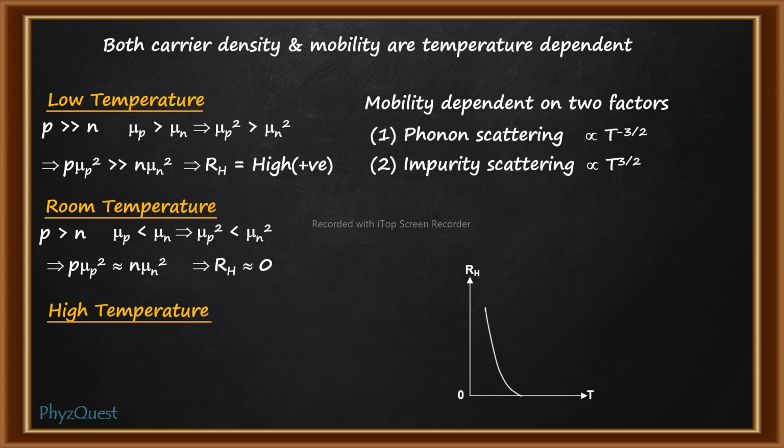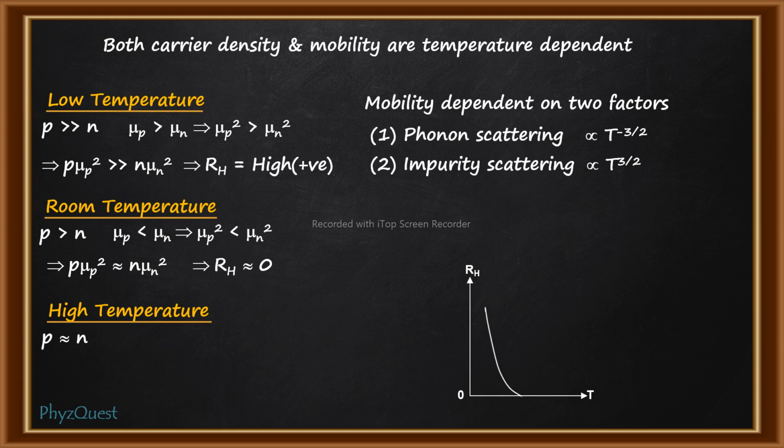As the temperature is very high, due to a higher amount of thermal energy, a large number of covalent bonds will break, releasing a large number of free electrons and holes. At this stage, the hole carrier concentration is almost similar to the electron carrier concentration. Therefore, p will be almost of the order of n.